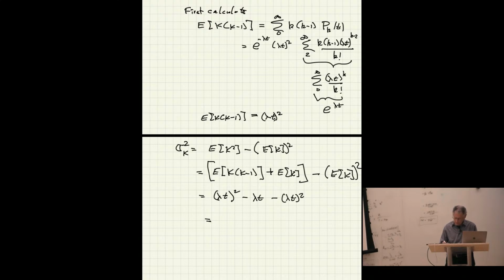That's this plus sign here, I'm sorry. It's just lambda t. So the variance for the Poisson process is lambda t, the same as the mean, which is interesting.